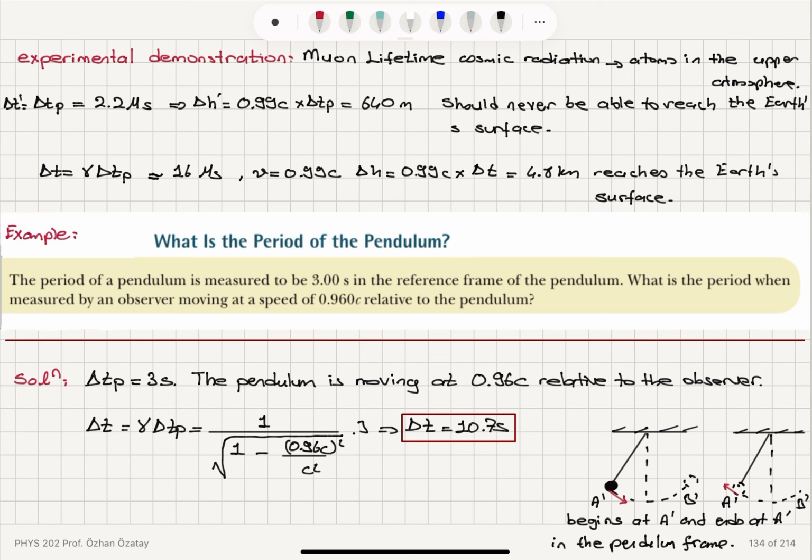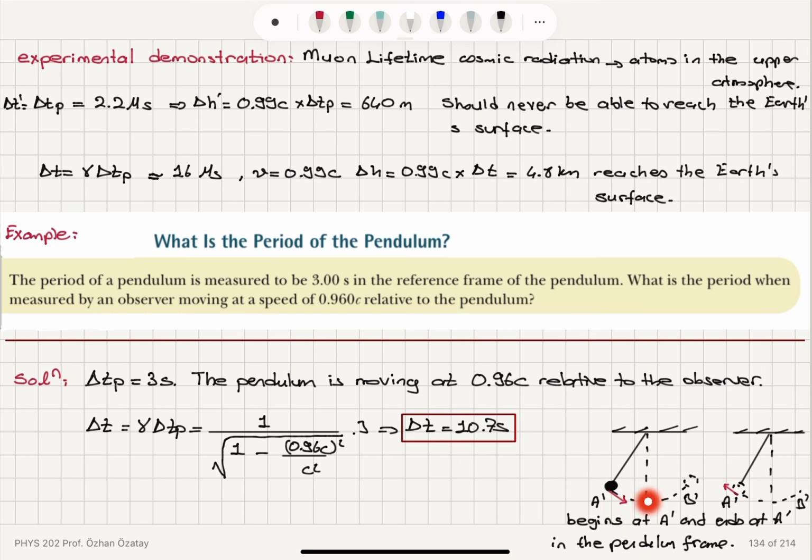Another example we considered was the pendulum. This pendulum is moving with respect to an observer at a speed 0.96 c. In the pendulum reference frame, the periodic motion is occurring at the same point in space. So if you have an observer attached to this pendulum, we always measure the same start point and end point for periodic motion.